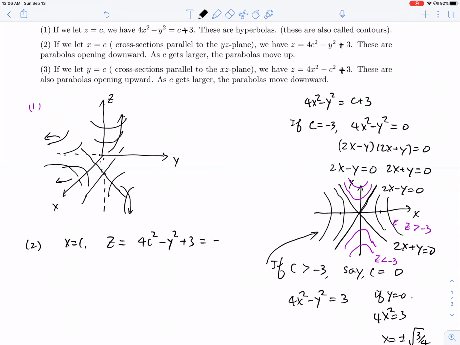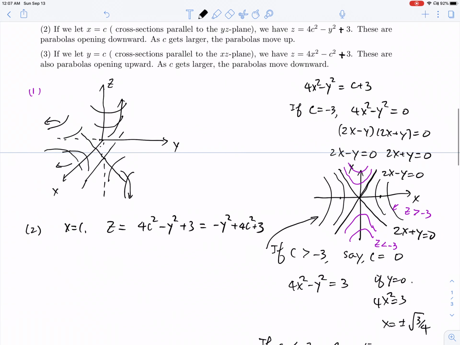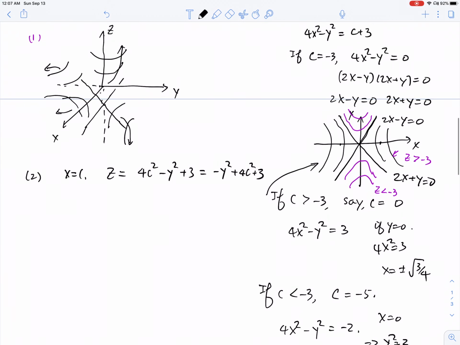And that's negative y squared plus 4c squared plus 3. So these are parabolas opening downward. And when c gets bigger in either direction, these parabolas are opening downward, but the peak point is increasing for different z. So let's give it a try.